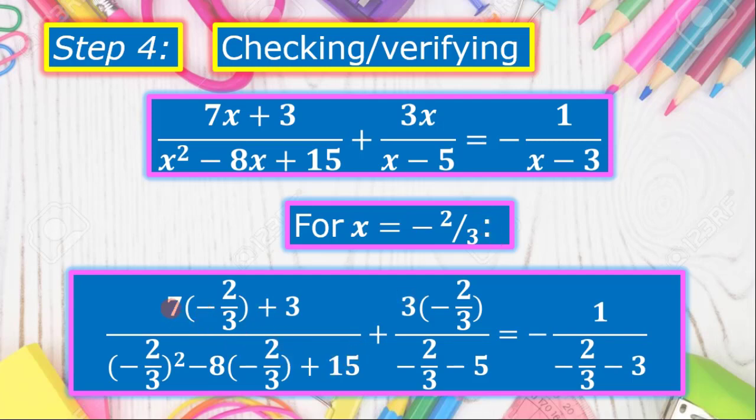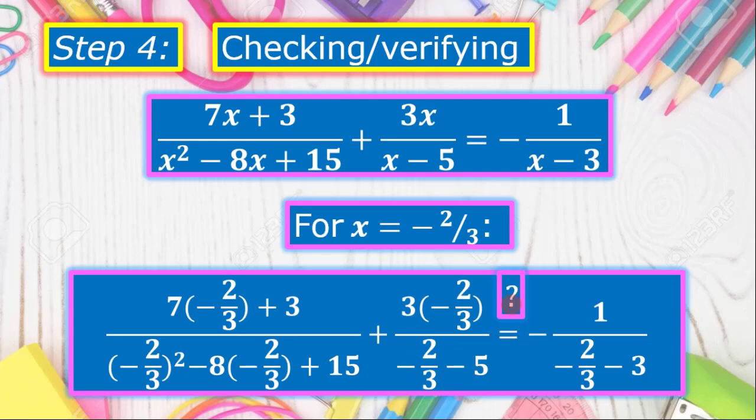For x equals negative 2/3, we have to substitute this value for x in the original rational equation. Let's do that. 7 times negative 2/3 plus 3 all over negative 2/3 squared, minus 8 times negative 2/3 plus 15, plus 3 times negative 2/3 all over negative 2/3 minus 5.